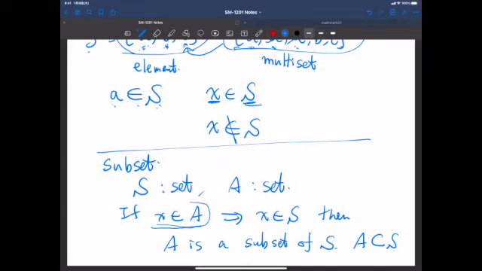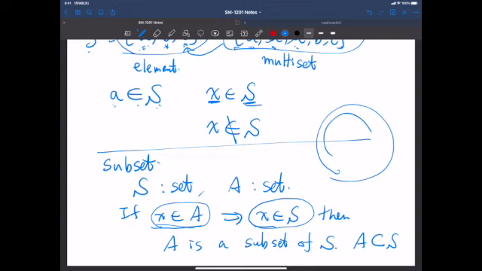X is an element of A, this proposition implies X is an element of S. So this means every element of A is an element of S. Okay? So that means the entire A is completely contained within S. So this is the meaning of subset.